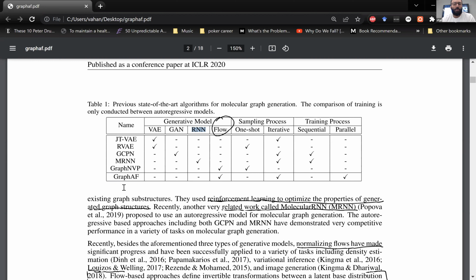And the flow-based one is this paper, but there is also this GraphNVP, which is also flow-based. We'll talk about flows a bit because I found it a bit different from what I expected, but flow is the main idea here also.